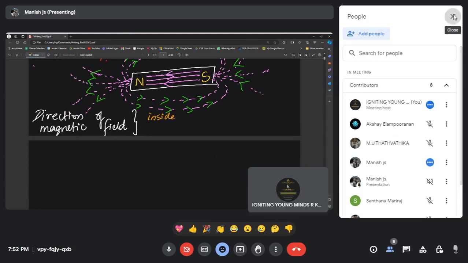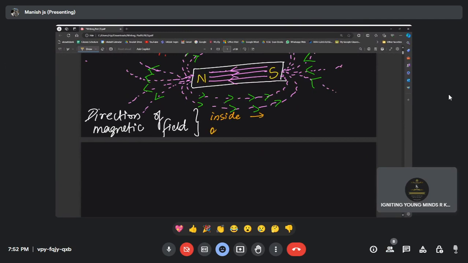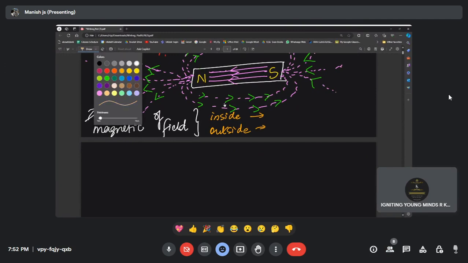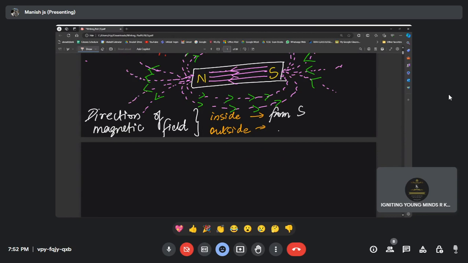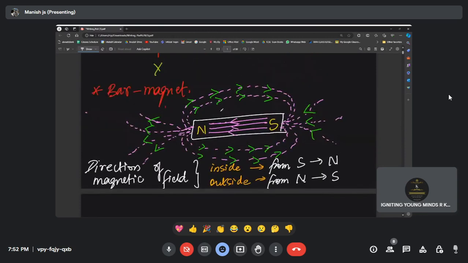Now, how it is directed inside and how it is directed outside. Inside the magnet, the magnetic field lines are moving from south pole to north pole. But outside it is moving in the reverse direction. It is basically from north to south. That is how it is.